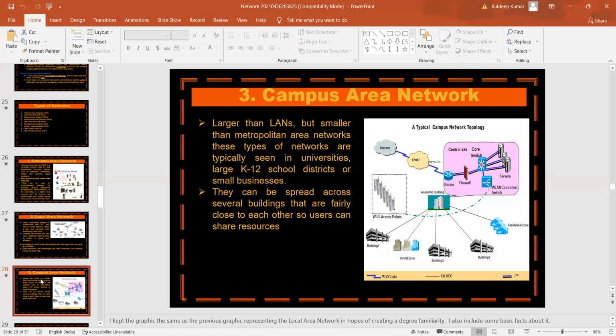They can spread across several buildings which are close to each other, but not more than a distance of 2 or 3 kilometers. Its range is generally from 50 meters to 2.5 kilometers. Its range is very limited.